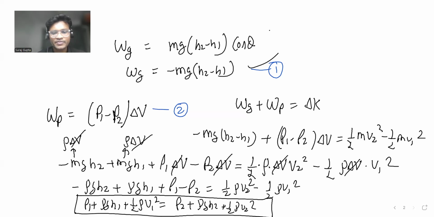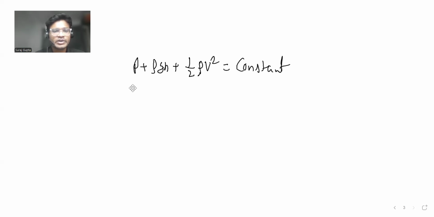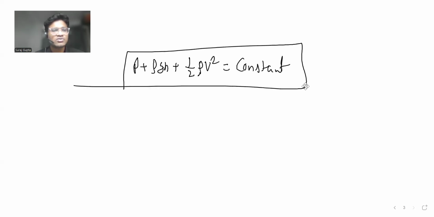We can also write it as P plus rho g h plus 1/2 rho v square is equal to constant. It's something like P1 V1 equals P2 V2 equals P3 V3, so obviously P and V is constant. In a similar way, P plus rho g h plus 1/2 rho v square is equal to constant. So everyone, this is your Bernoulli's equation.